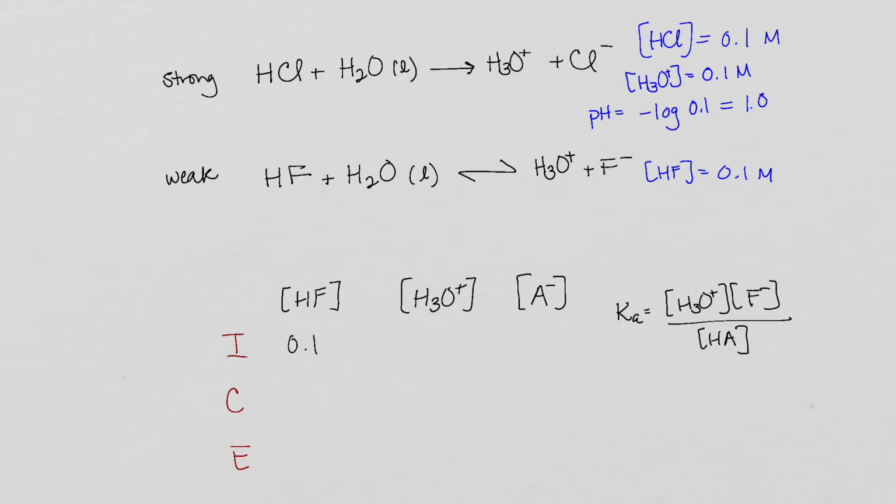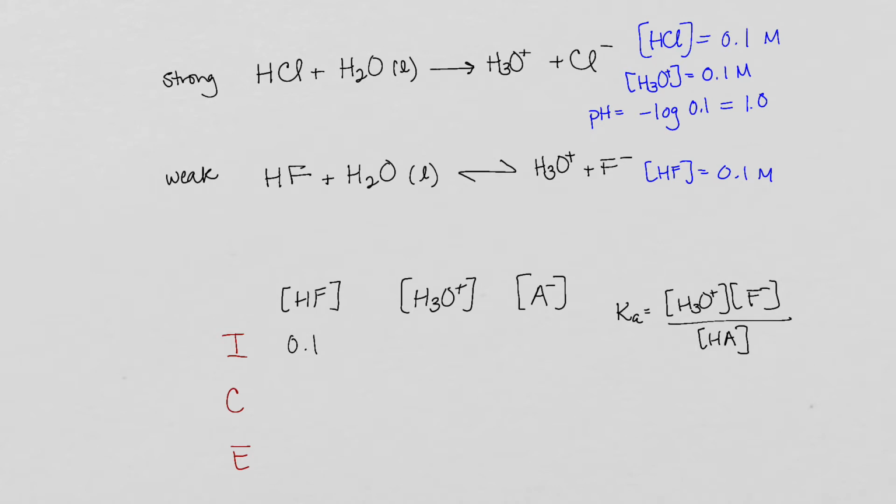And then although this H3O+ here technically is not 0 because water has some H3O+, it's 1 times 10 to the minus 7th molar, which is really small, right? Because this is 0.1, so it would be 0.0000001, so it's really insignificant.